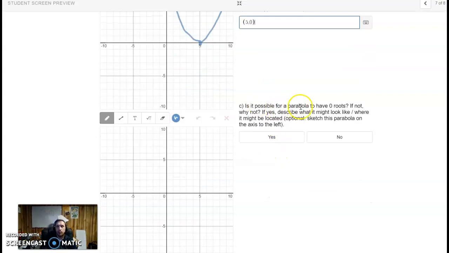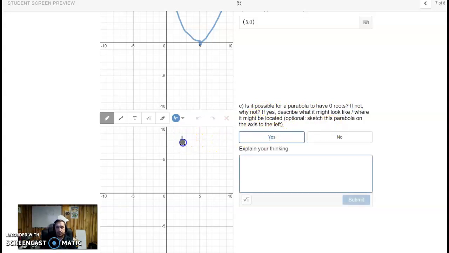Is it possible for a parabola to have 0 roots? If yes, describe what it might look like, where it's located. So yes or no? The answer is yes. I could do the same parabola. I just move it above the x-axis. You could also have it going down below the x-axis. So explain your thinking.